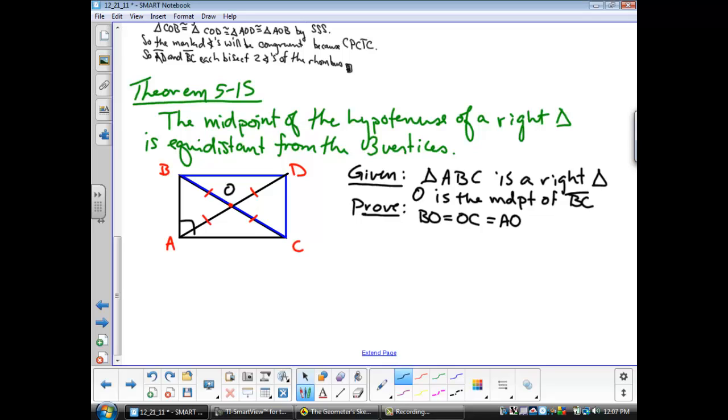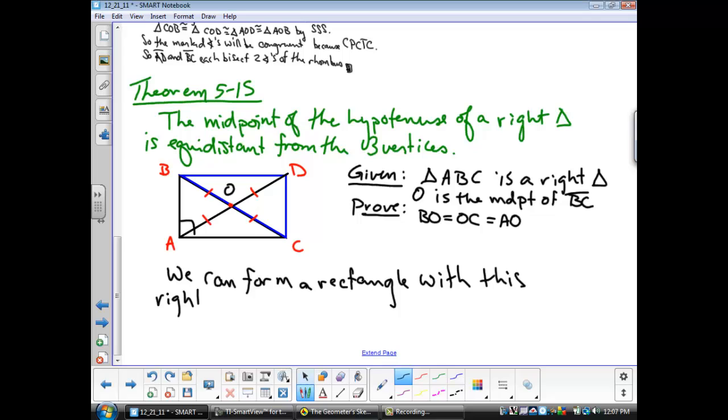So let's start with, we can form a rectangle from this right triangle and a congruent right triangle BDC.